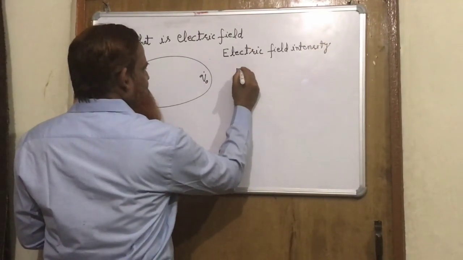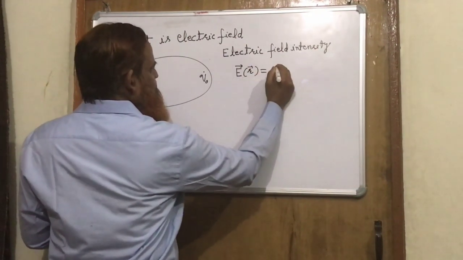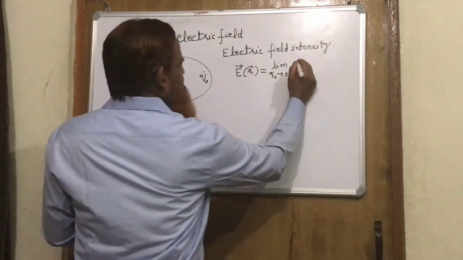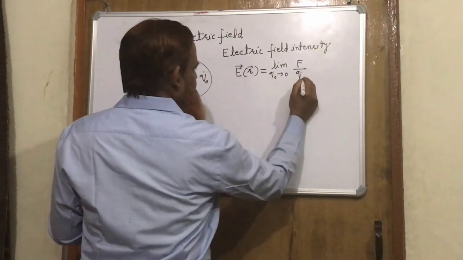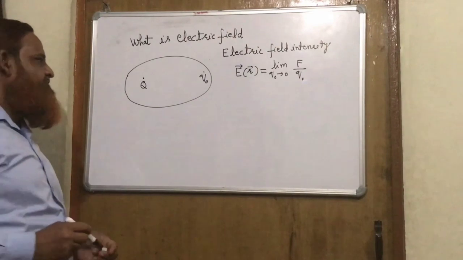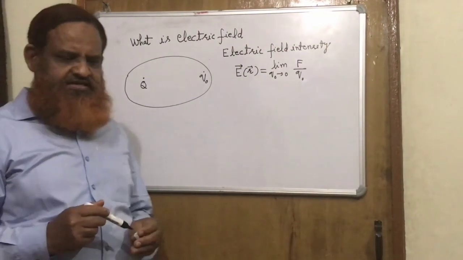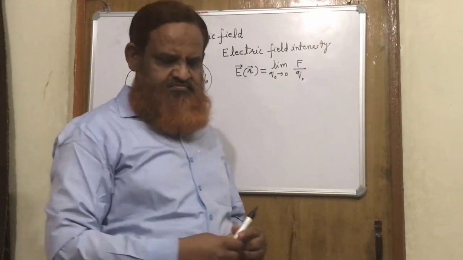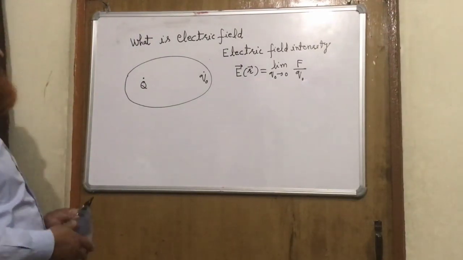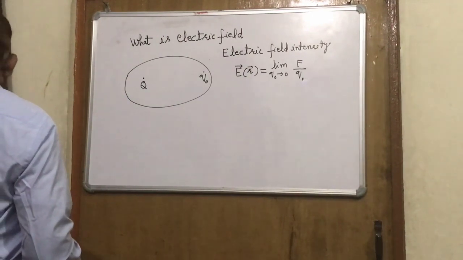Mathematically we can write electric field at any point E equals limit q naught tends to 0 of F upon q naught. q naught is very small because otherwise this q naught will also create its own field. Electric field intensity is a vector quantity. Its unit is Newton per Coulomb.